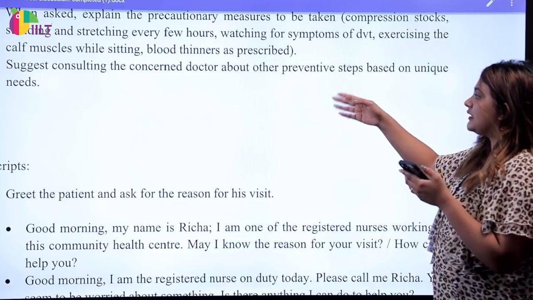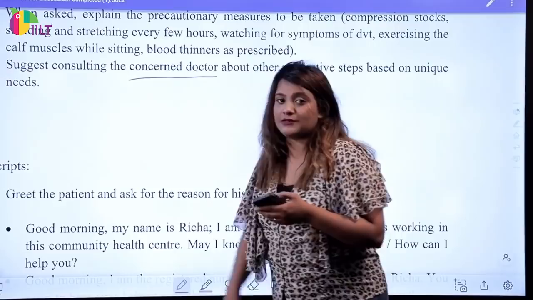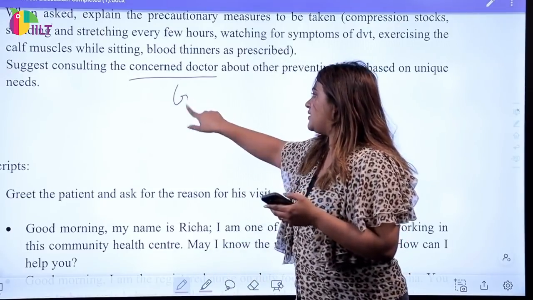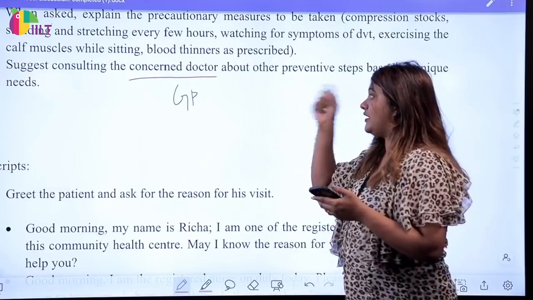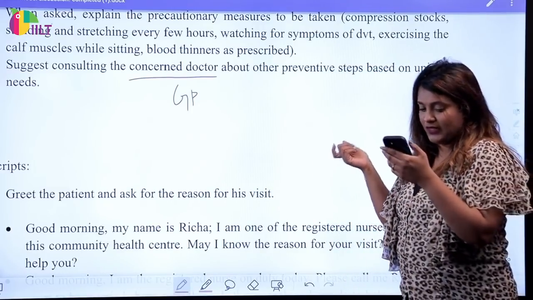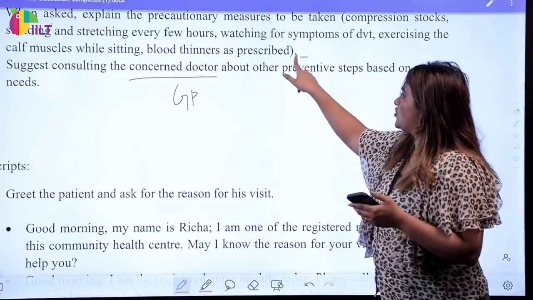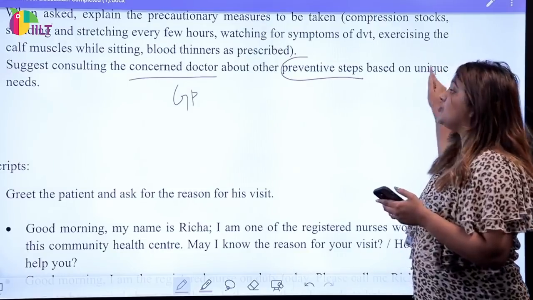So here, suggest consulting the concerned doctor. We are referring to his personal doctor, okay? Maybe his GP, or maybe the doctor who diagnosed him with DVT, okay? We are talking about that particular doctor. Why are you suggesting to consult the doctor? Because we are suggesting him to check for other preventive steps based on unique needs.